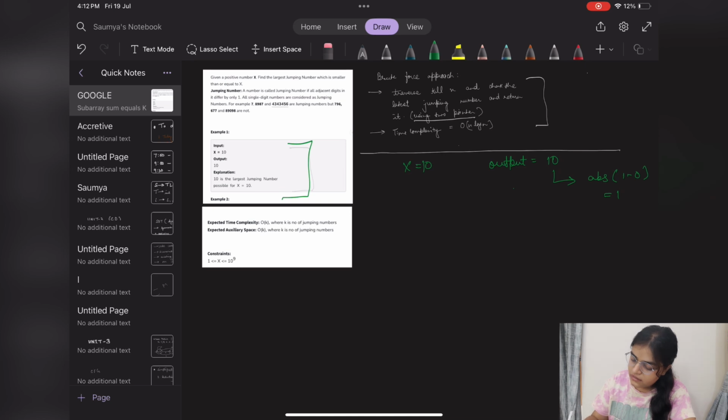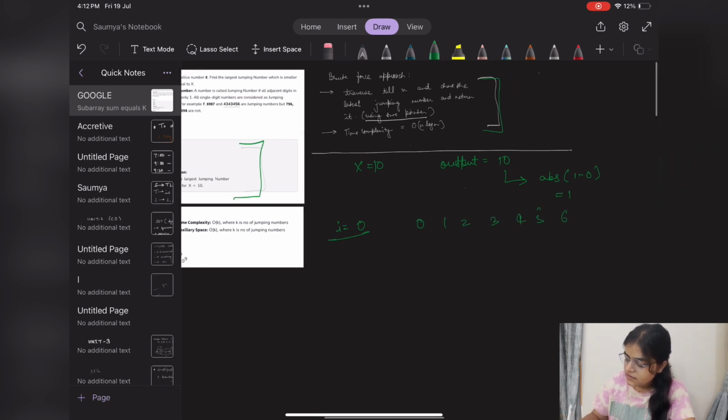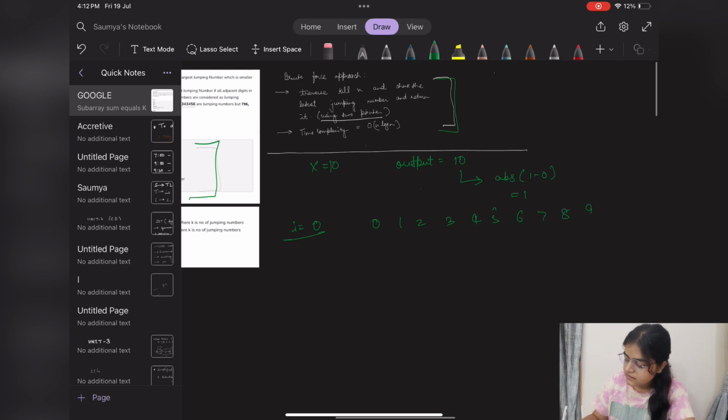So the approach that we will be following is, we'll start from i equals 0. So from 0, 1, 2, 3, 4, 5, 6, 7, 8, 9 till 10.